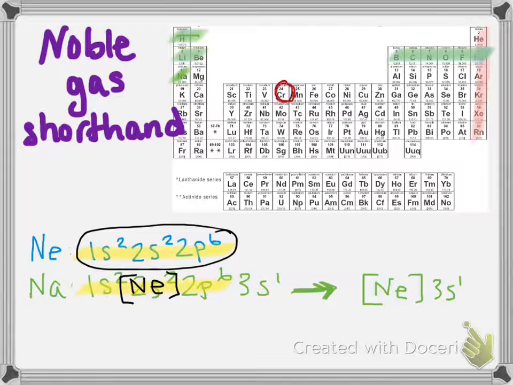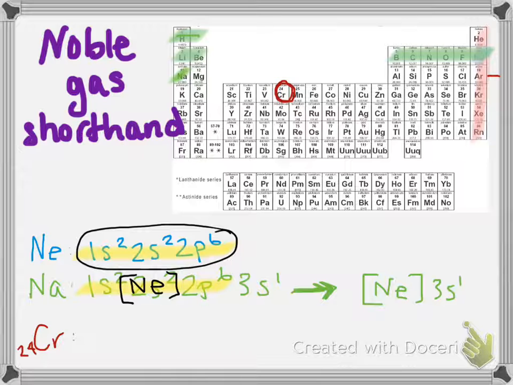The other example that I picked is chromium, which is element number 24. Go ahead and again pause the video and try to do the noble gas shorthand for chromium. When I do the noble gas shorthand for chromium, element 24, again, the first thing that I have to do is pick the noble gas that is just before it.